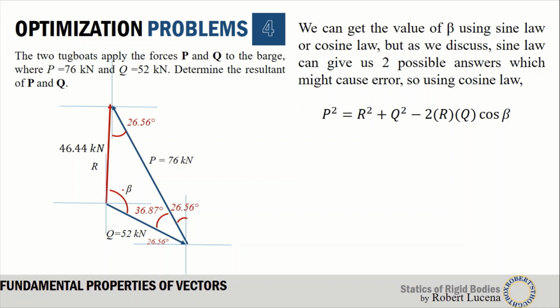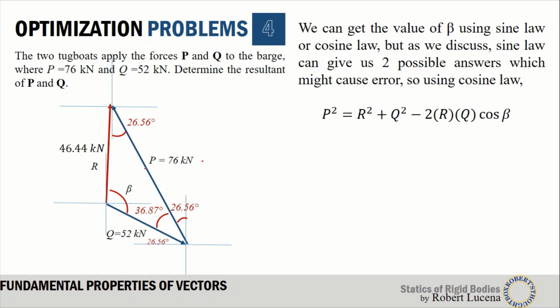Remember that we cannot directly use the sum of interior angles of a triangle being 180, because this one is not measured from P to R. This is measured from P to the vertical axis. So getting the value of beta is possible by using the cosine law.